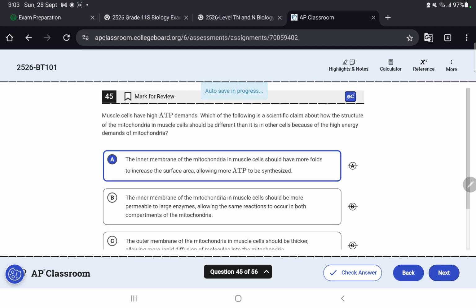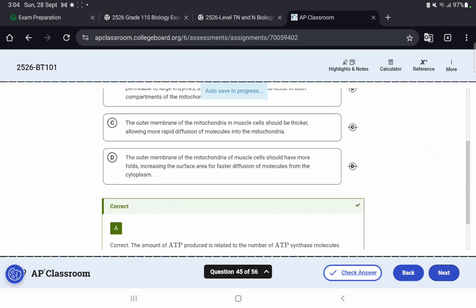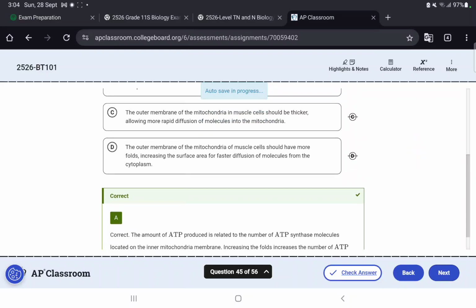Muscle cells have high ATP demands. Which of the following is a scientific claim about how the structure of mitochondria in muscle cells could be different than in other cells because of the high energy demands? The inner membrane of mitochondria in muscles should have more folds to increase the surface area, allowing more ATP to be synthesized. Another option says the outer membrane should have more folds, increasing the surface area for faster diffusion of molecules from the cytoplasm.